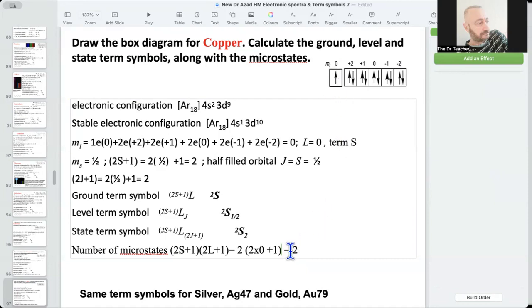So I have only 2 ways of putting this electron, either clockwise spinning or anti-clockwise. So that's the number of microstates, which is very accurate. And you can practice the same term symbols for silver and gold, similar.